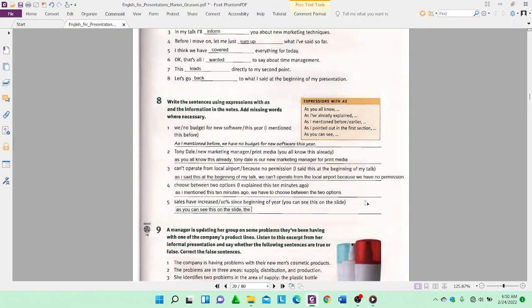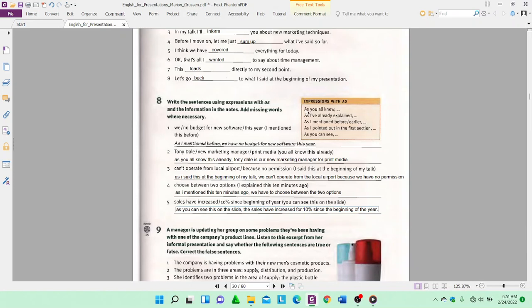The sales ya, penjualan ya, have increased for 10% since the beginning ya, of the year. Sejak awal dari tahun ini misalnya ya. Oke, atau tahun yang disebutkan di situ.